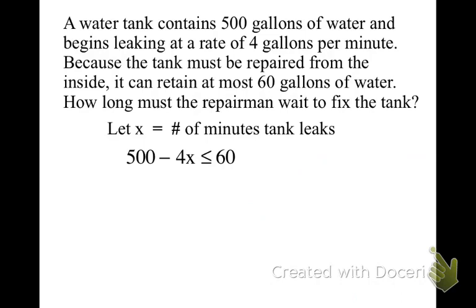Let me underline that for you guys. That's what we're starting with. This is what it's leaking at, and we know that it has to be less than or equal to 60 for him to work on it. We want it to be subtracting because we want it to empty out. We're going to subtract 500.